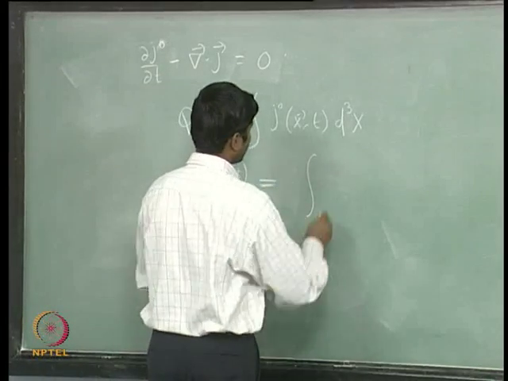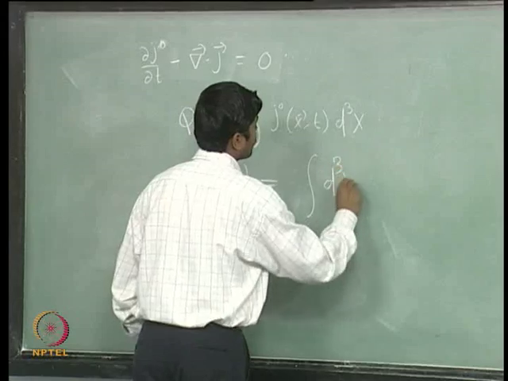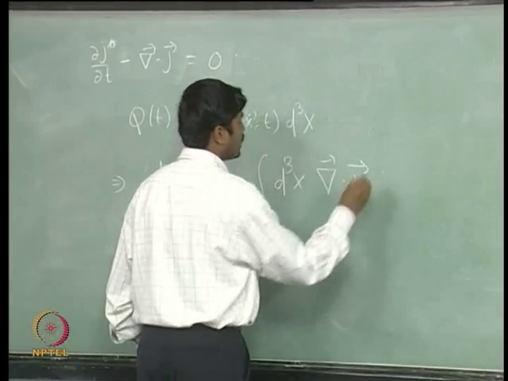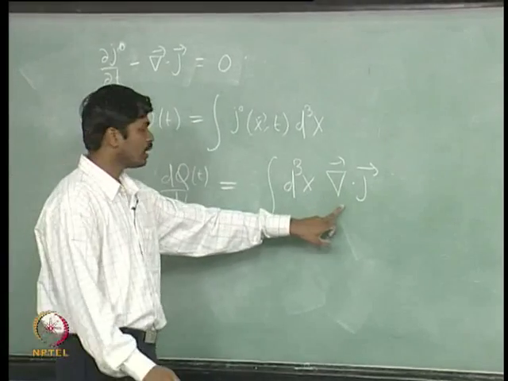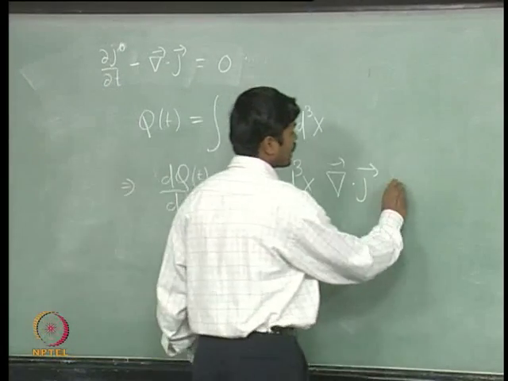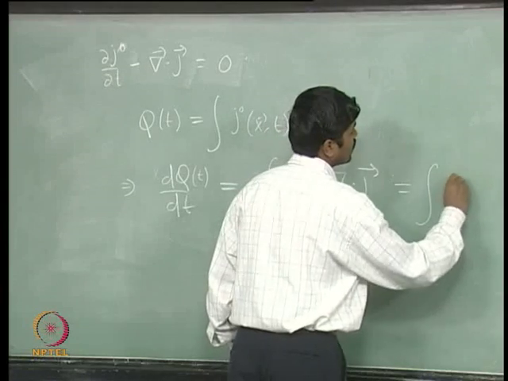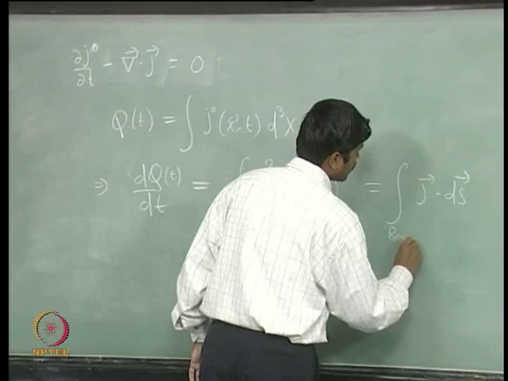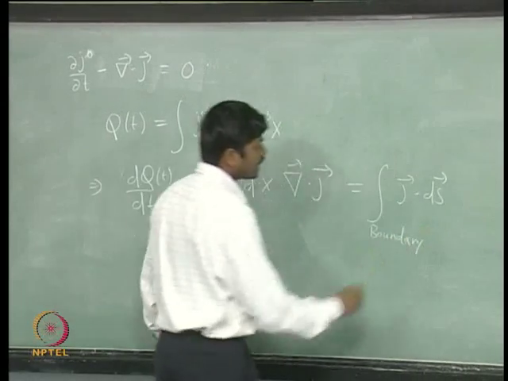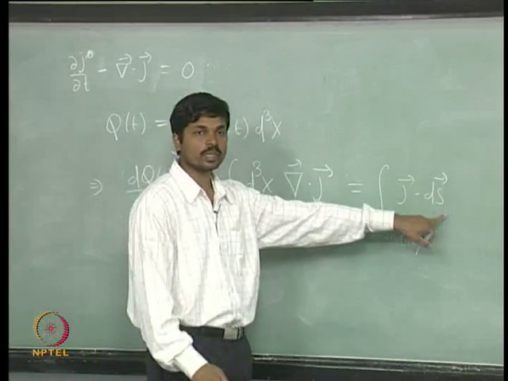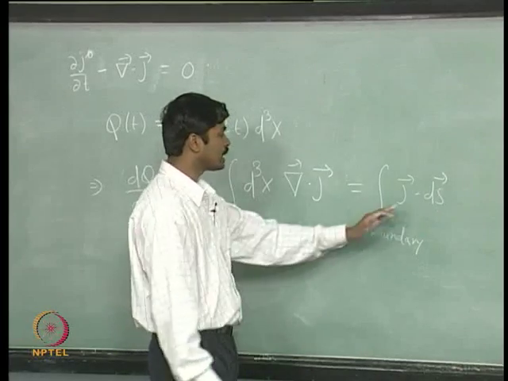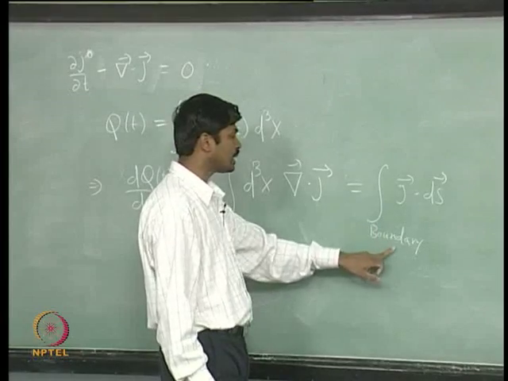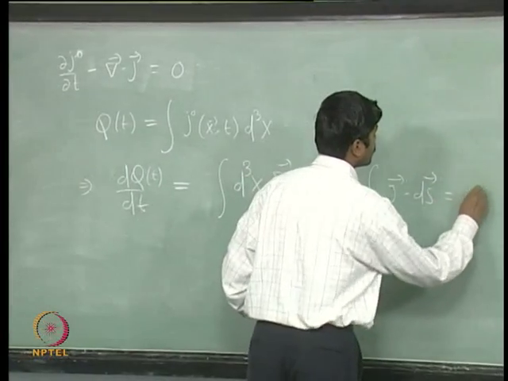So, this will be integration of d cube x del dot j, and if I use the Gauss divergence theorem, what I will get is the integration of j dot ds at the boundary, and if the outgoing flux vanishes or if the fields go to 0 sufficiently fast at infinity, then this quantity is equal to 0.